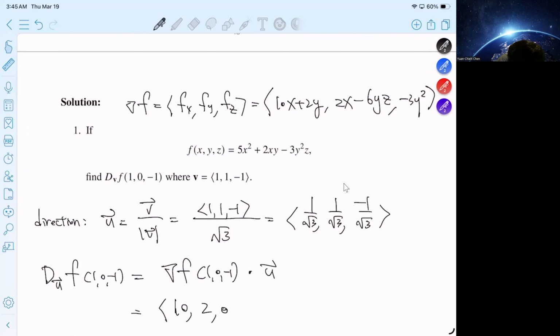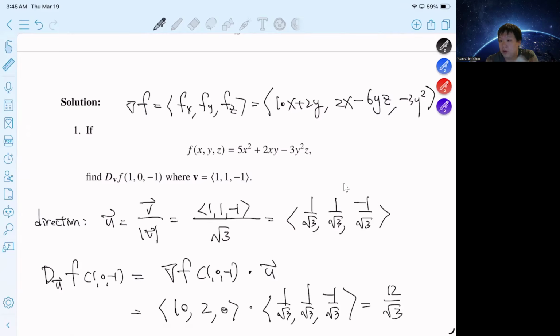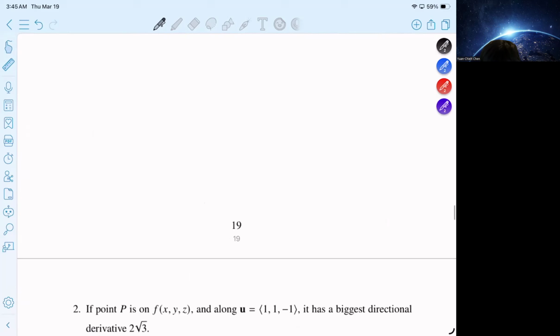Dot this with u: 10 times 1 plus 2 times 1, the other term is gone, so it's 12 over the square root of 3. We're done. It's exactly the same process, just with an extra term, so we still have to take the partial derivative in y.